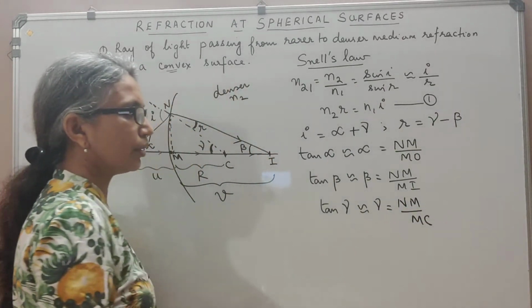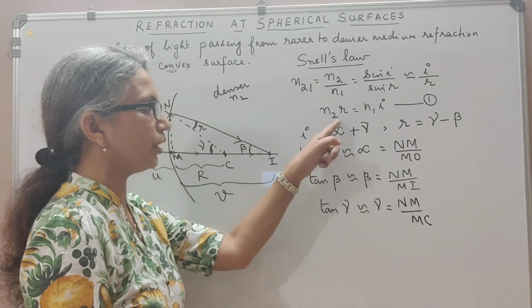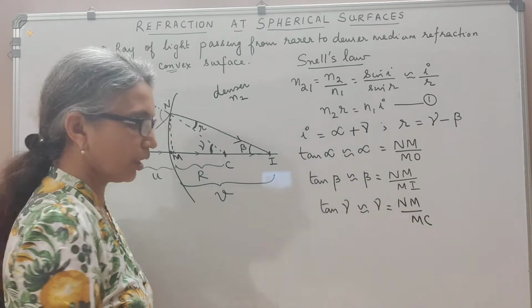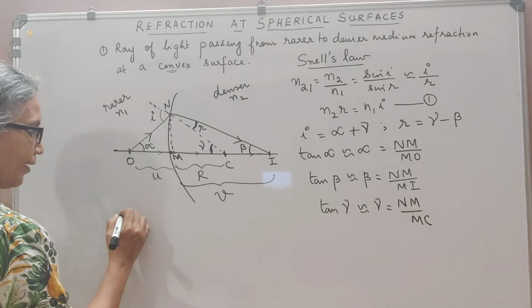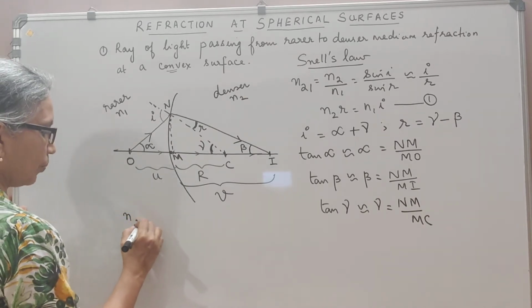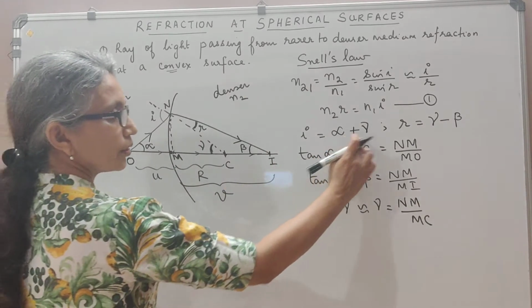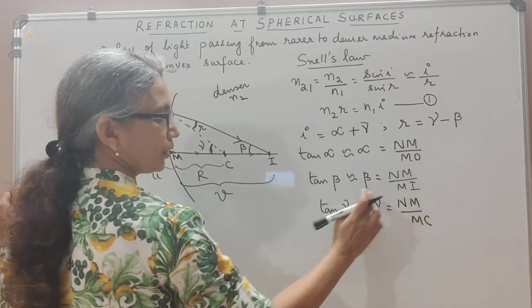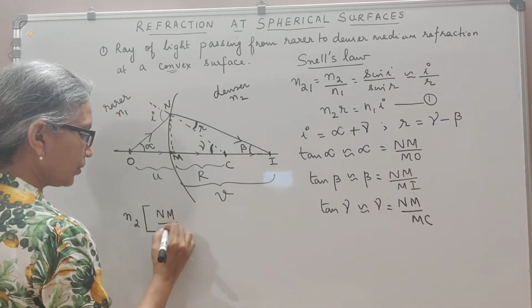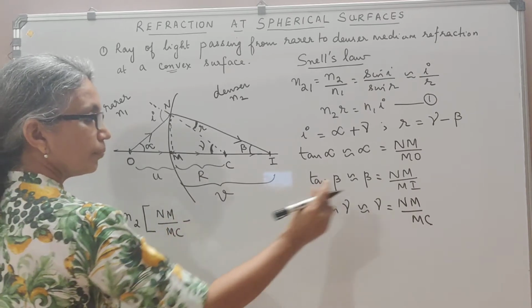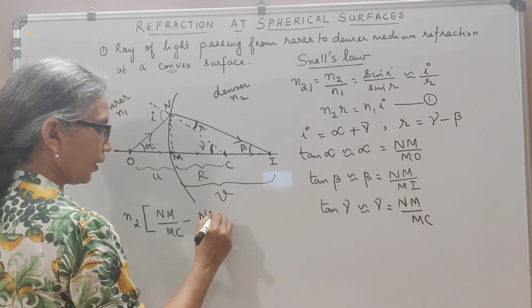Now our work is all done. We are just going to substitute all this in our first equation. So when I substitute that in my first equation, I will now have N2 bracket R is gamma minus beta. So I have gamma here, which is NM by MC, minus beta, which will be NM by MI.